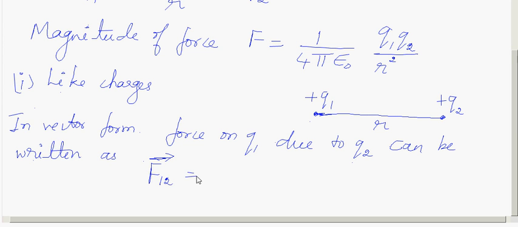And because these two are like charges, they repel each other. So force on F1 due to F2, the direction of the force is along the line joining the 2 charges. So it will be like this: a repelling force acting along the line joining the 2 charges. We can write this as F12. The direction is as shown here.